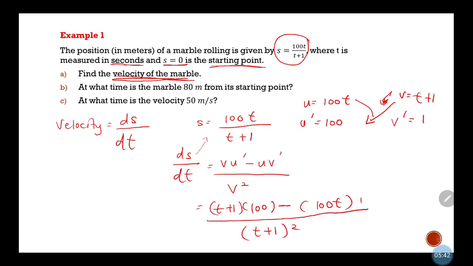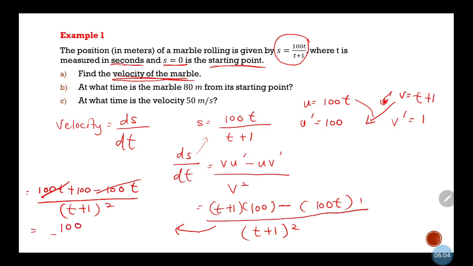That gives 100t plus 100 minus 100t over t plus 1 square. The 100t terms cancel and the final answer is 100 over t plus 1 square. This is the velocity, the ds over dt for the marble.